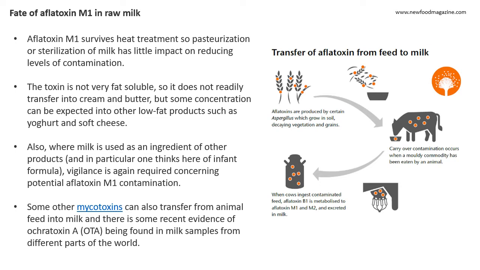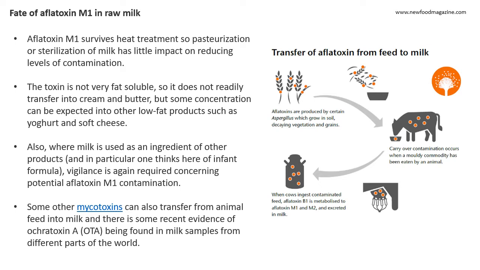Now another one is the fate of aflatoxin M1 in raw milk. Not just B1, B2, G1, G2 are important, even M1 aflatoxin is important because it is transferred to milk by the feed.